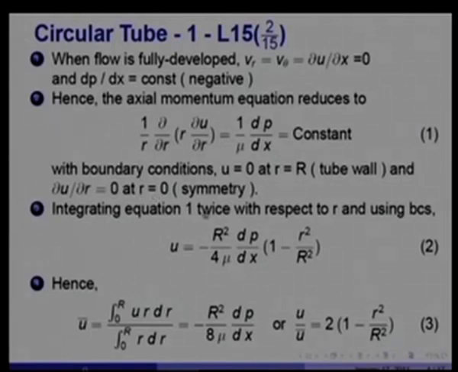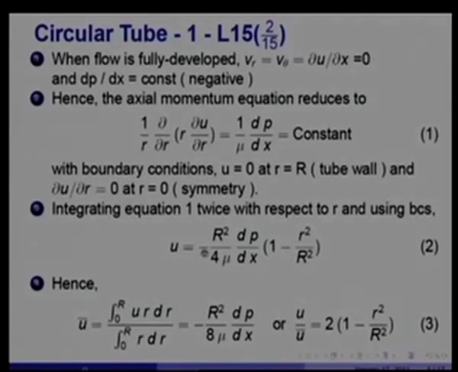Integrating this equation twice with respect to r, and using these two boundary conditions to evaluate two constants of integration will give you u equal to minus R squared by 4 mu dp/dx times (1 minus r squared by R squared). Hence, evaluating the mean velocity as integral 0 to R of u r dr divided by integral 0 to R of r dr gives you minus R squared by 8 mu dp/dx.